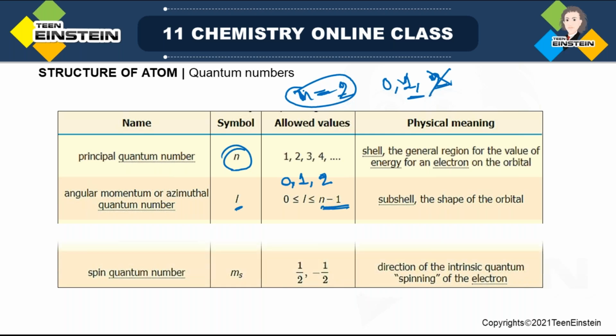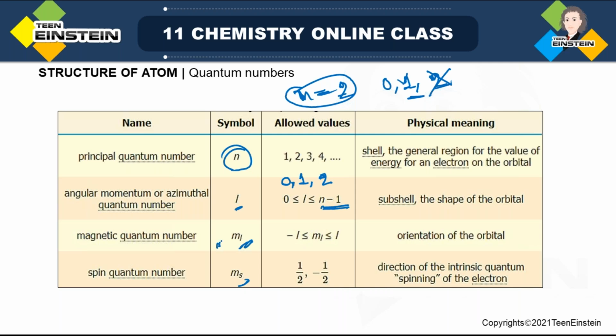Now the third and fourth, magnetic and spin, denoted by ml or ms, sometimes also denoted by m or s. So ml values, possible values are starting from minus L up to plus L. But you can also consider this formula 2L plus 1.